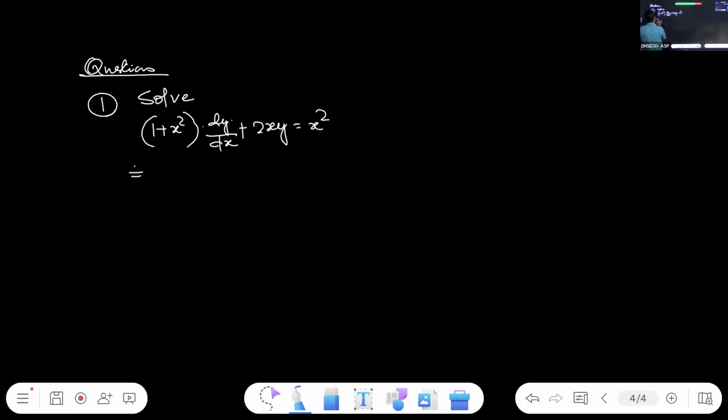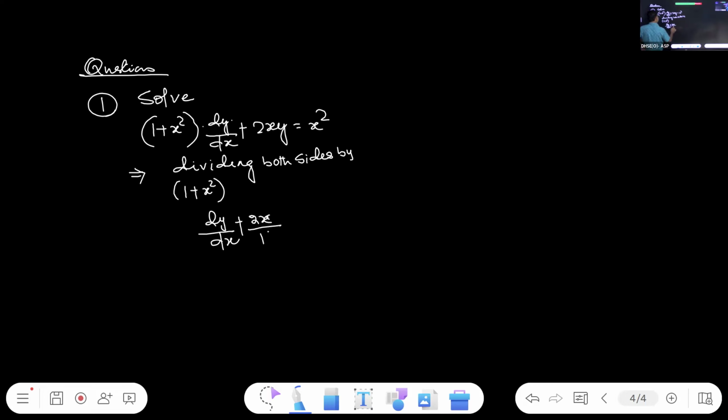So to bring it into the form of a linear differential equation, divide both sides of the equation by 1 plus x square. So dividing both sides by 1 plus x square, what we will get? dy upon dx plus 2x upon 1 plus x square into y equals x square upon 1 plus x square.